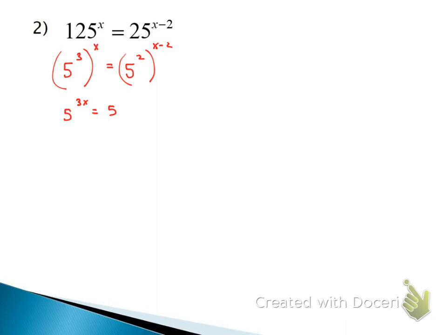No, we have to distribute this 2 through. So it would be 2x minus 4. And if our bases are the same, we can drop them. Now we have 3x equals 2x minus 4. Subtract 2x, x equals negative 4. I just want to point out to you again that this x goes into an exponent. We're allowed to have negative exponents, so we're good.